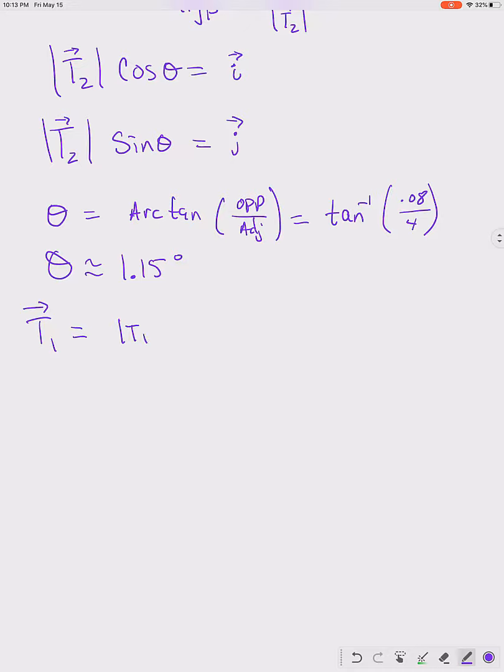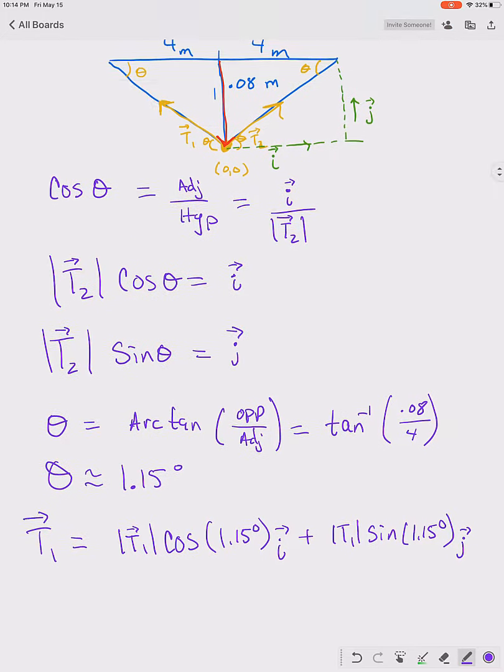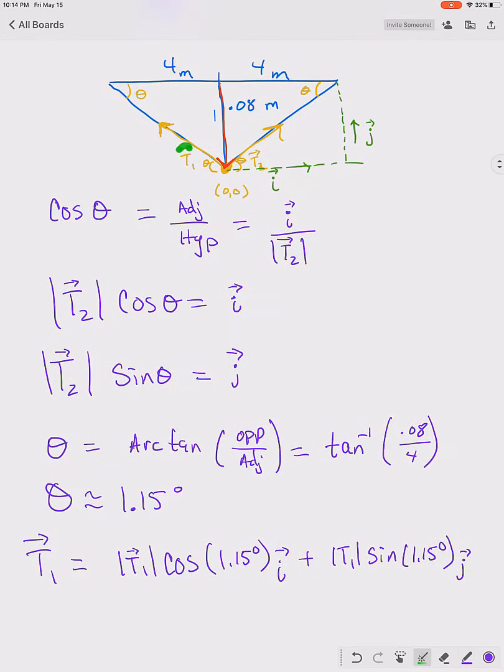Well, it's the length of T1 times the cosine of 1.15 degrees, and that's in the I direction, plus the length of T1 times the sine of 1.15 degrees, and that's in the J direction. Now we also have to be careful because of how we set up our vector for T1. This is T1.